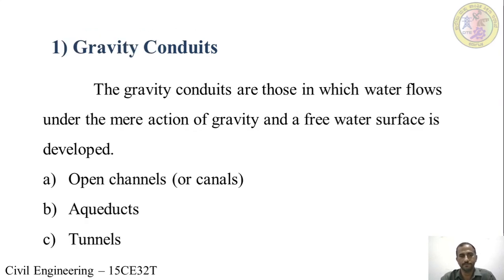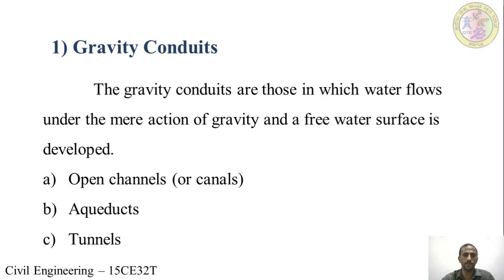Gravity conduits, as the name itself indicates, are conduits in which water flows under the action of gravity. The surface of water flowing is open to the ambient atmosphere. The hydraulic gradient line in these conduits coincides with the water surface.